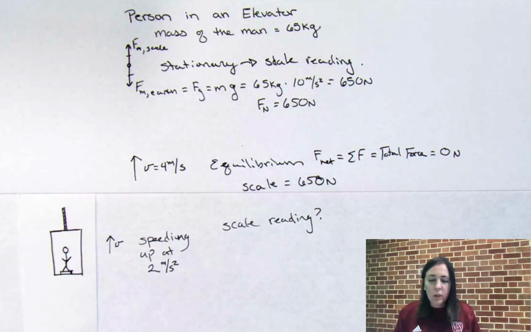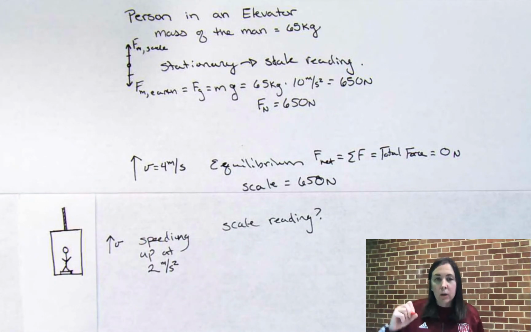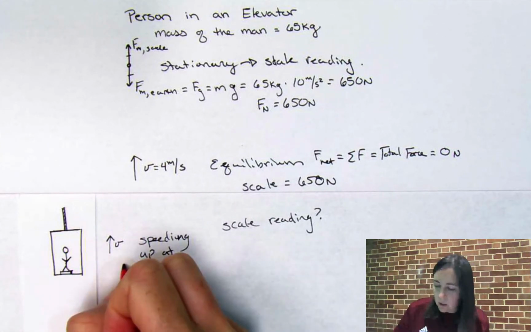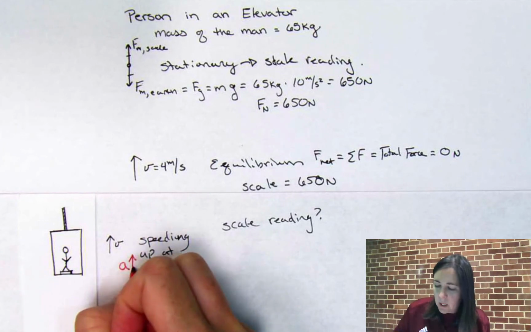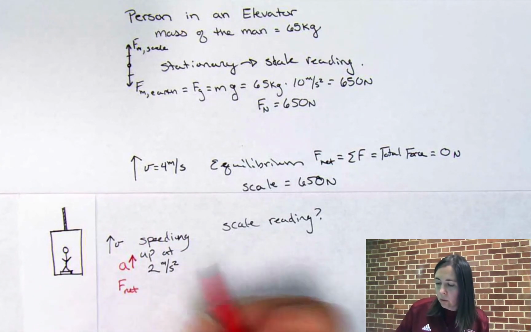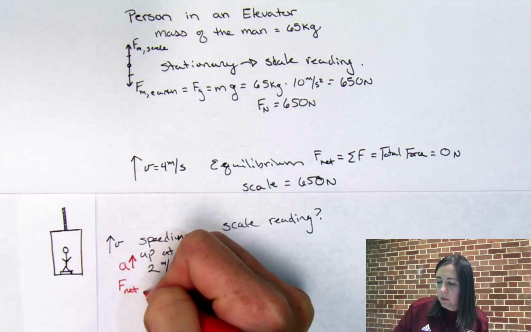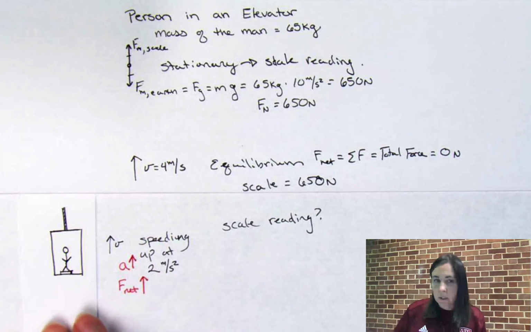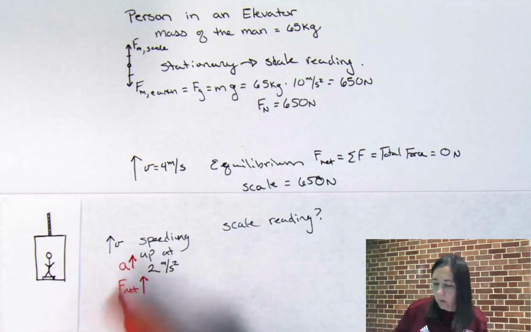And just like any other thing, I like to think of this as if I'm going up and I'm speeding up, my acceleration is also going to be upwards. That means that my net force, the total force, the sum of the forces, is going to be in the upward direction. So when I draw my free body diagram of this man, I'm going to draw it right here.